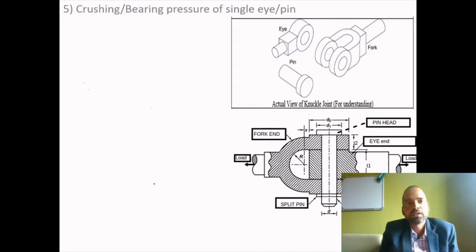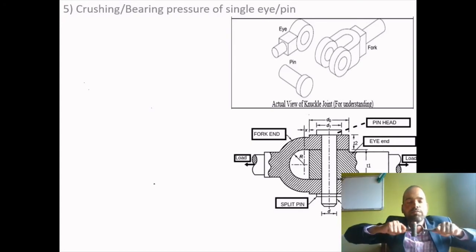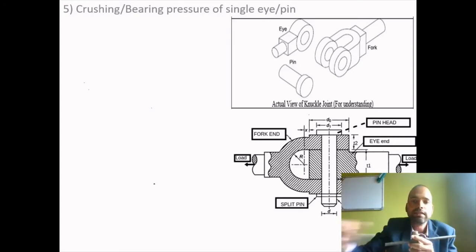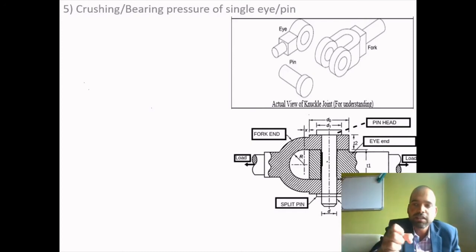Next one is crushing or bearing pressure of the single eye or pin. Right? Now in the case of the knuckle joint, when it is subjected to tensile load, the central pin will try to crush the single eye surface, or the single eye surface will try to crush or compress the pin.